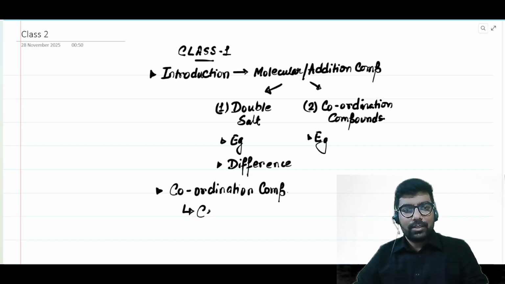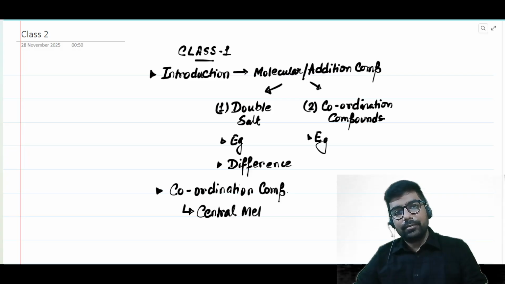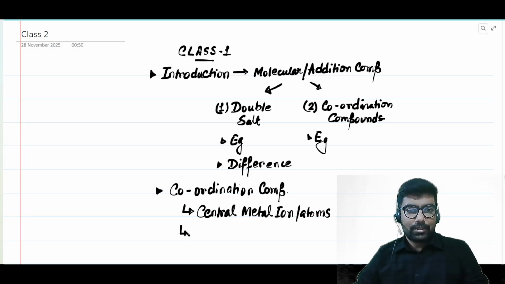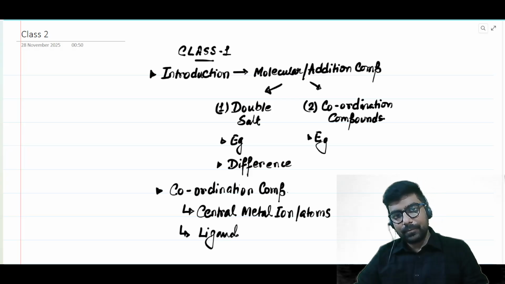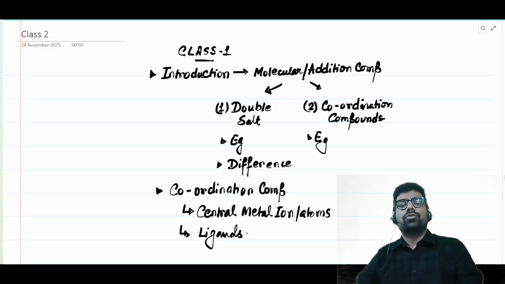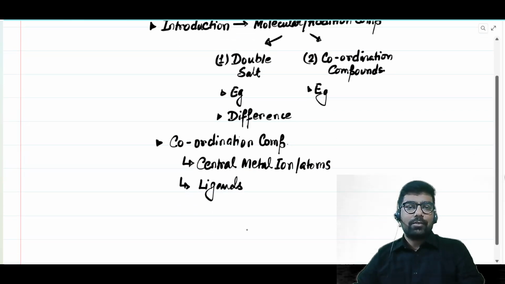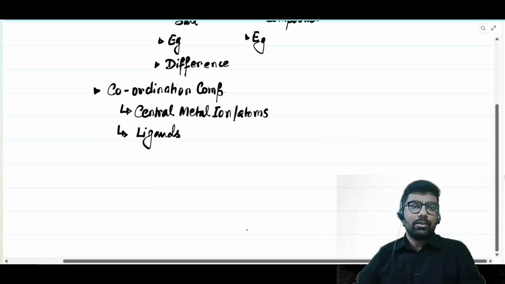First one was central metal ion or atom, and then we discussed ligands, right? These two terms we have discussed. First one was central metal atom, second one was ligands.